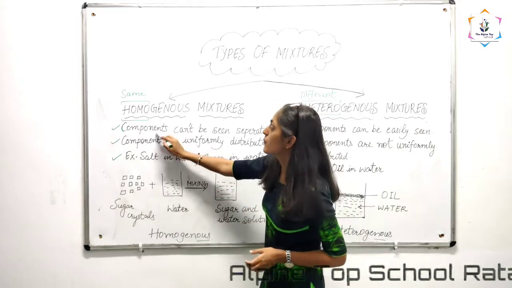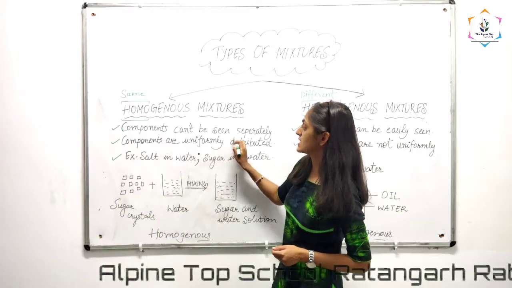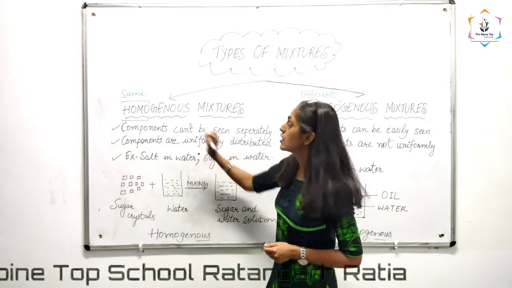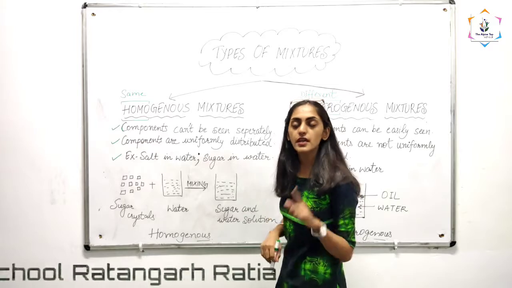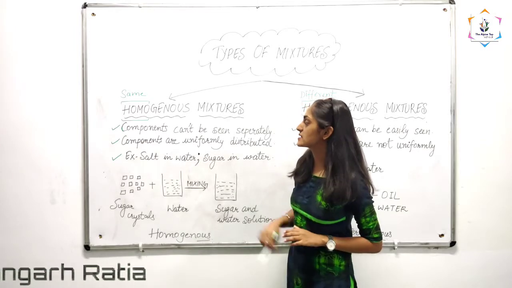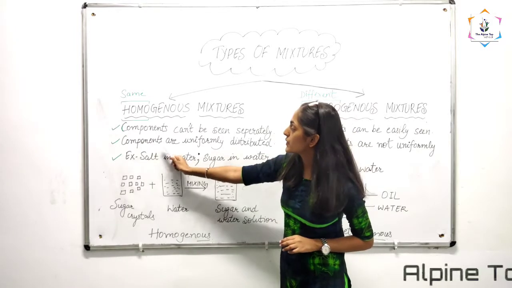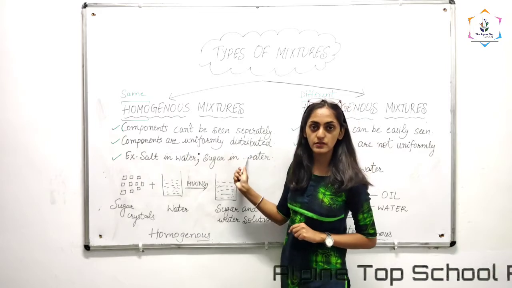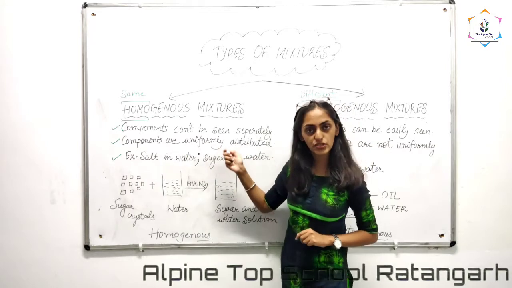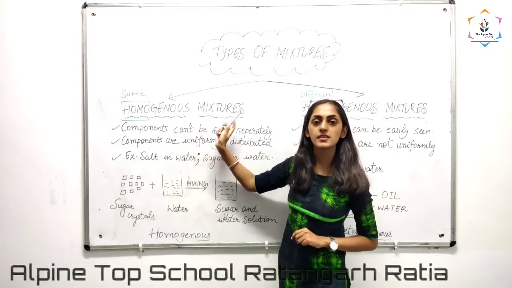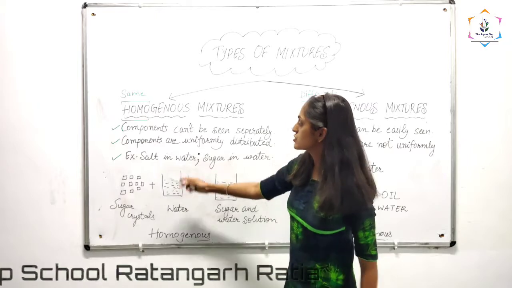That means components cannot be seen separately in homogeneous mixtures. If the components cannot be seen separately and are uniformly distributed, then these mixtures are called homogeneous mixtures. An example is salt in water.